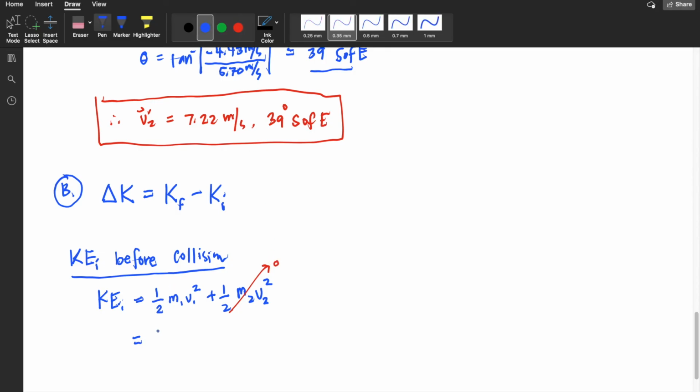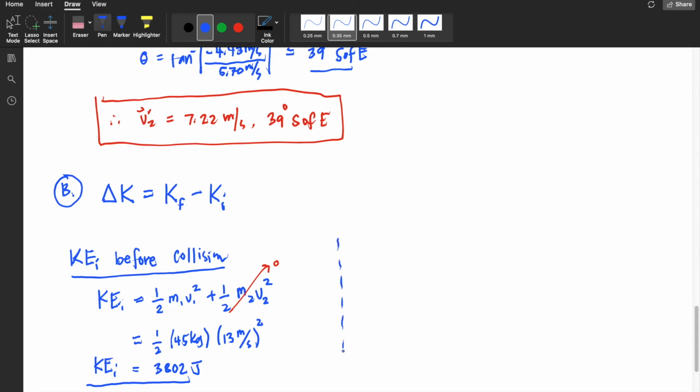So we are left with the kinetic energy of Rebecca, which is 1 half times 45 kilograms times her initial speed of 13 meters per second squared. So the initial kinetic energy of the whole system is equal to 3,802 joules.